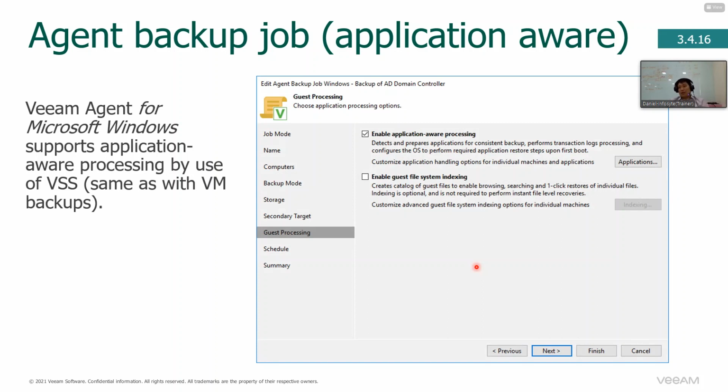If your application or your OS is not Windows or VSS supported, then you might need to run some script, similar to the virtual machine backup. So from here, when you click on application, they actually come with the same options as your virtual machine backup. Okay? So this is another option that you need to be careful with if you have some sensitive application running on the machine that you require to back up using agent, for example.